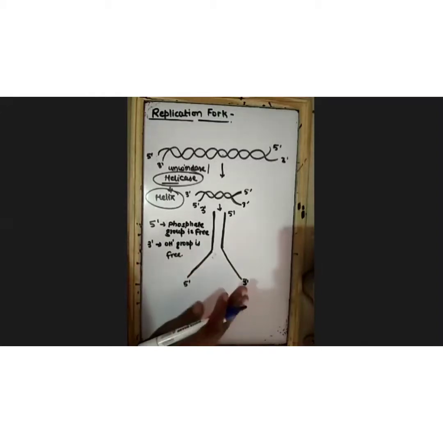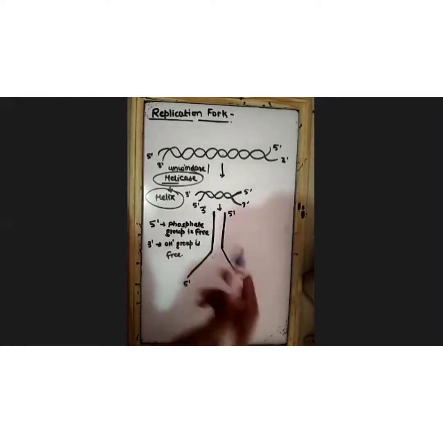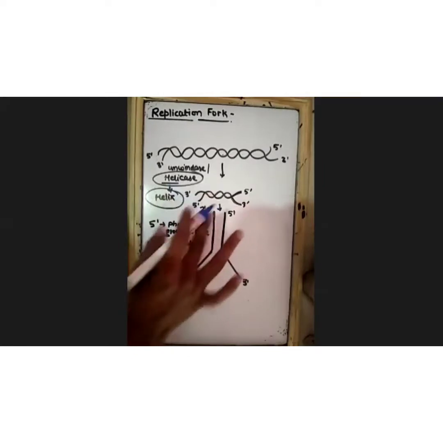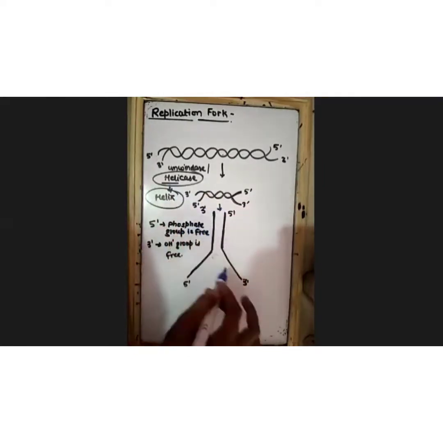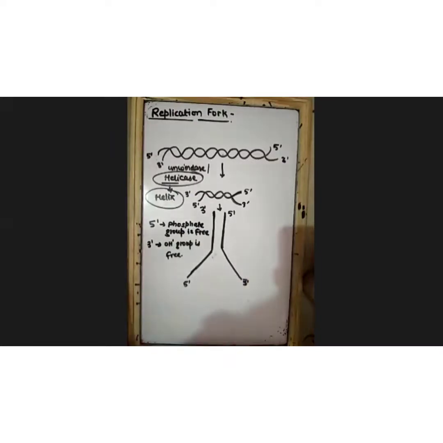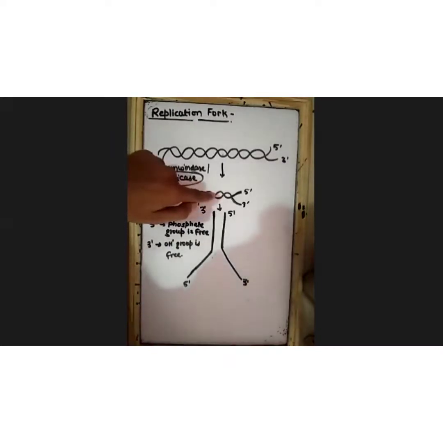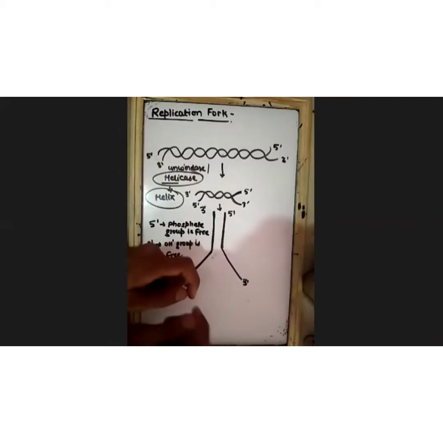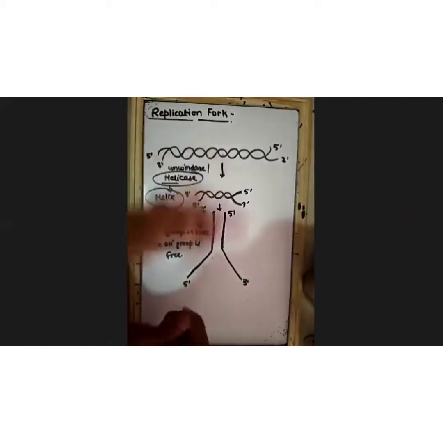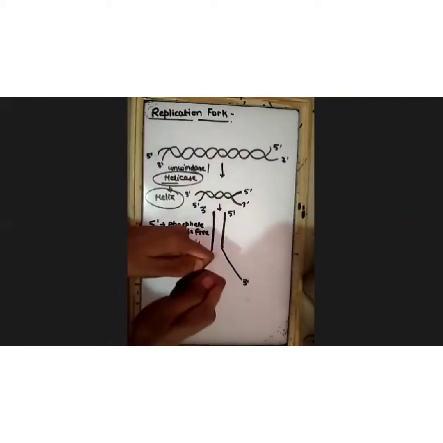Let it be discussed after some time. One more thing. Your helicase enzyme will give a cut and it will form a replica. Now you have to assume that this is a highly coiled structure. Assume that two ropes are like this, highly coiled.